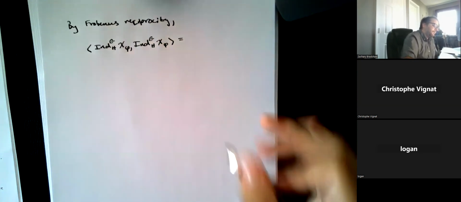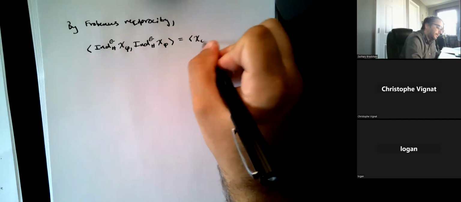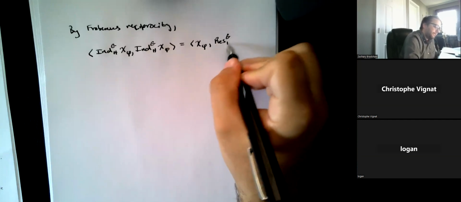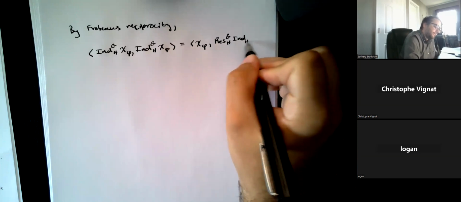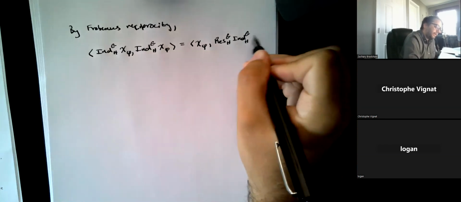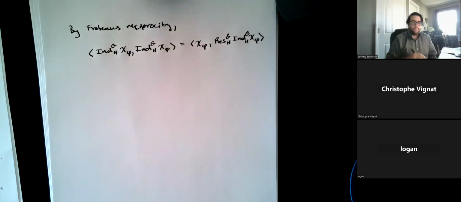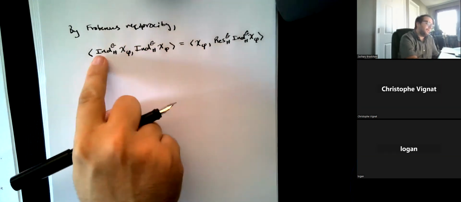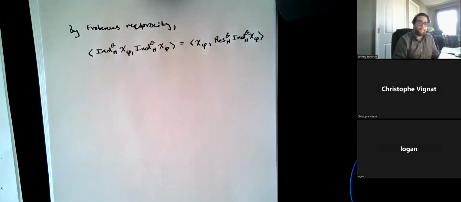This thing by Frobenius reciprocity will be equal to chi phi inner product with the restriction of the induction of chi phi. So this just says that induction and restriction are adjoint to each other, and so that's all we did here.